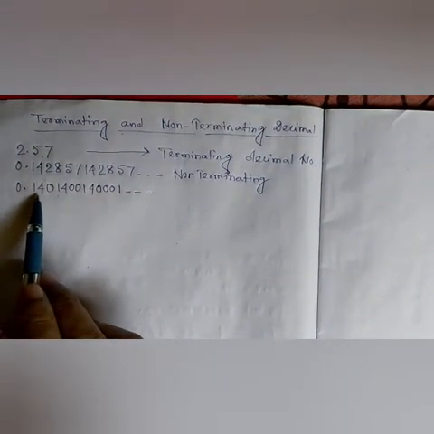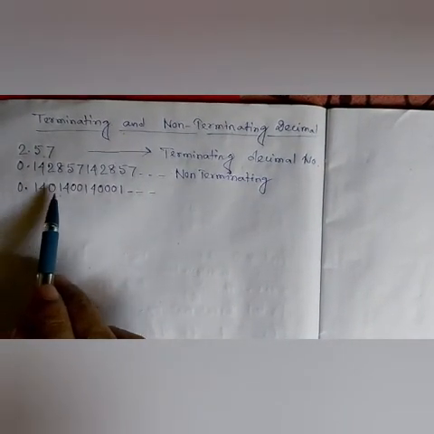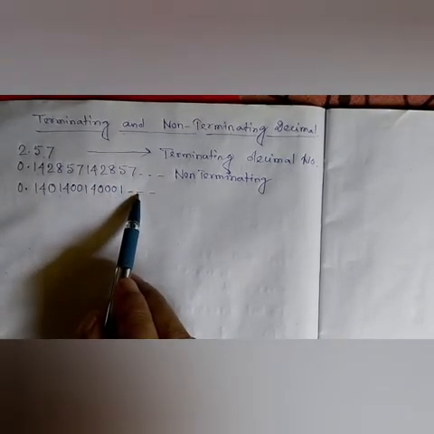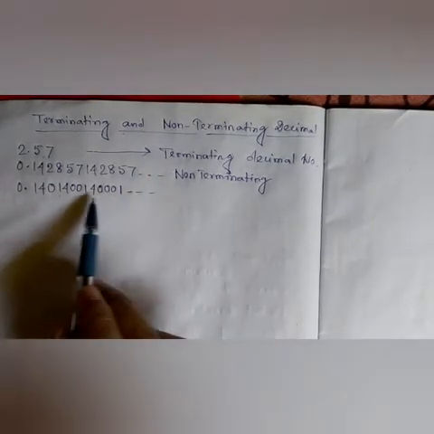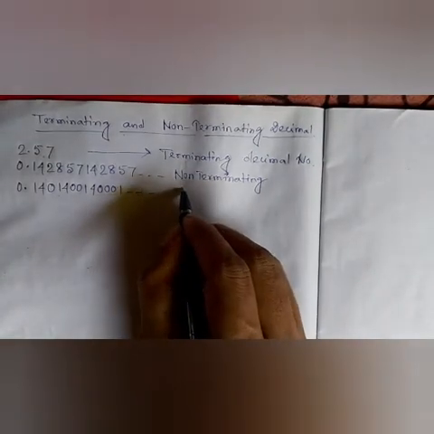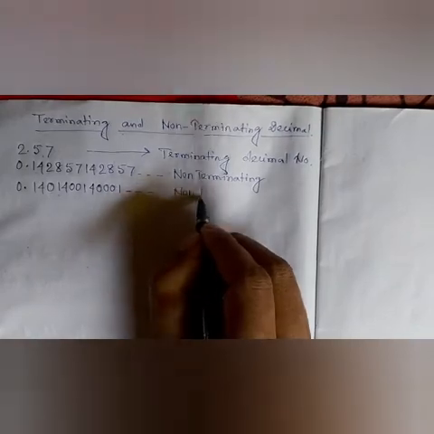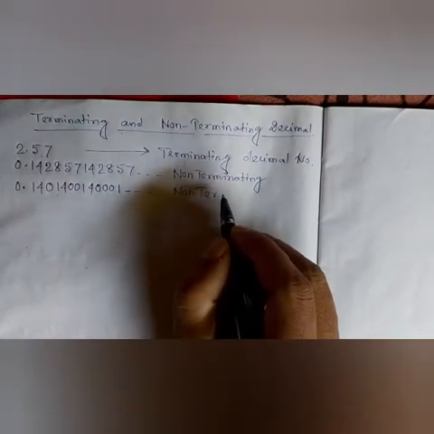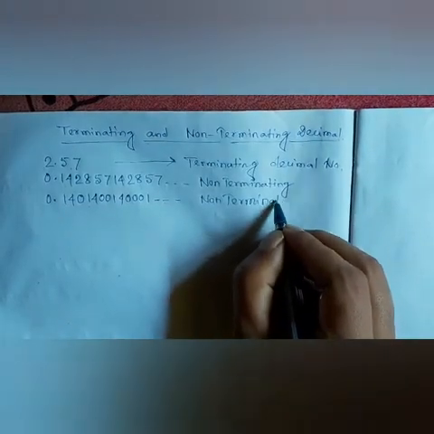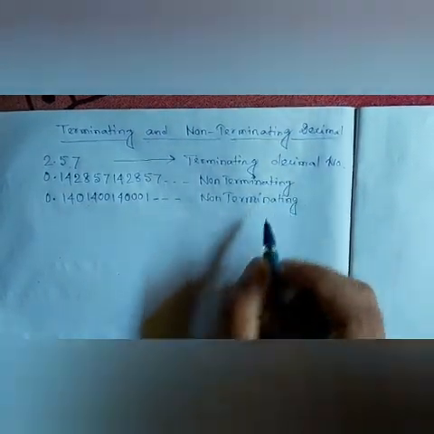In the third case also, this is 140, then 1400, then 14000, then again 140000 and continuously. So this is also not ending, so this one is also non-terminating.